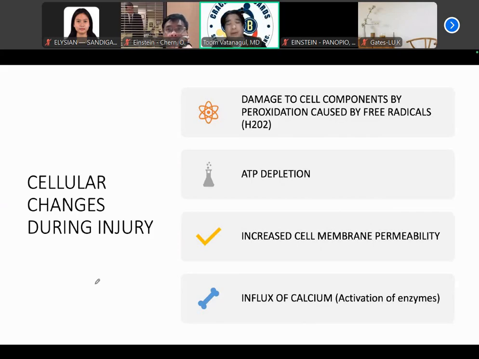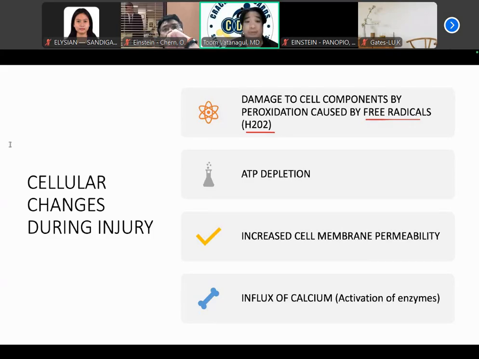Now, what about the cellular changes that occur during an injury? So number one, you have the free radicals, such as hydrogen peroxide. Free radicals will cause peroxidation, and this peroxidation leads to cellular death.